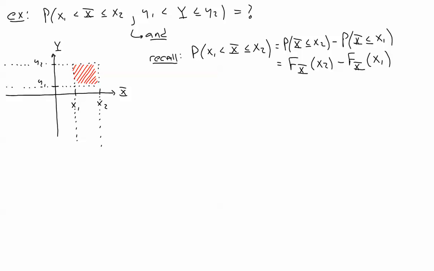Okay? We saw that before when we were talking about single random variables. So we can extend that kind of notion to talk about the joint probability at the top of this page. So, let's do it.